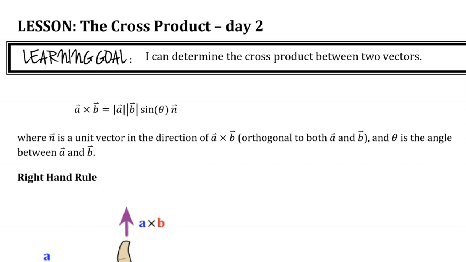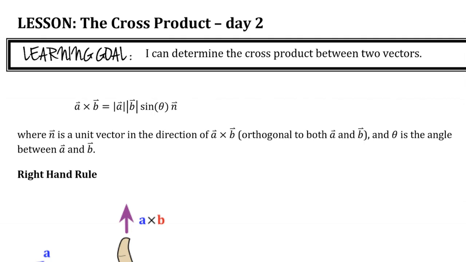Magnitude of A times magnitude of B times sine theta will be some scalar, some constant k, times the unit vector n, and that will give us the proper outcome of the cross product. Oh, and it's a unit vector because otherwise it would change the value. So it's got to be a unit vector because the magnitude of it comes from that part, right?